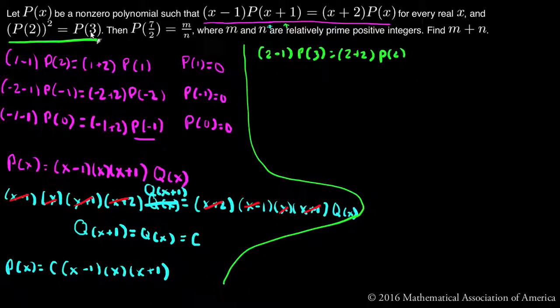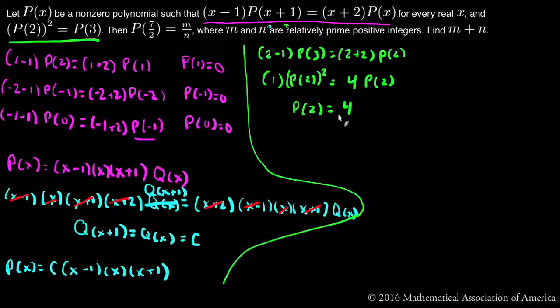We're told that p of 3 is equal to p of 2 squared, so we have 1 p of 2 squared equals 4 p of 2. Divide both sides by p of 2, I'll get p of 2 equals 4. Or equals 0, but since this is a non-zero polynomial, if this were 0, the only way to make that work is if c is 0, and it would be 0 all the time.